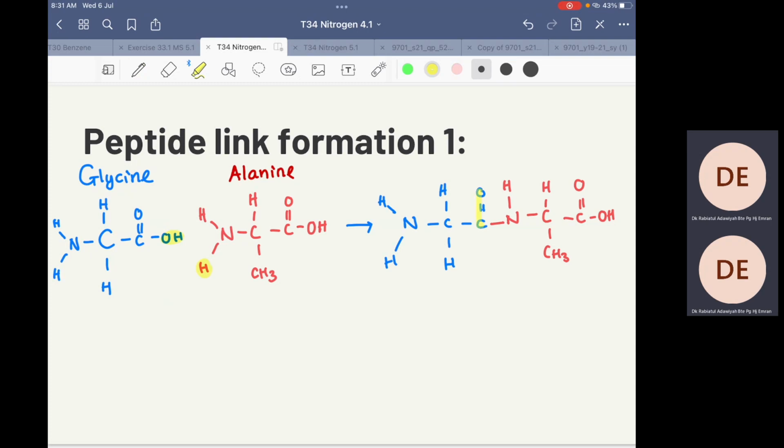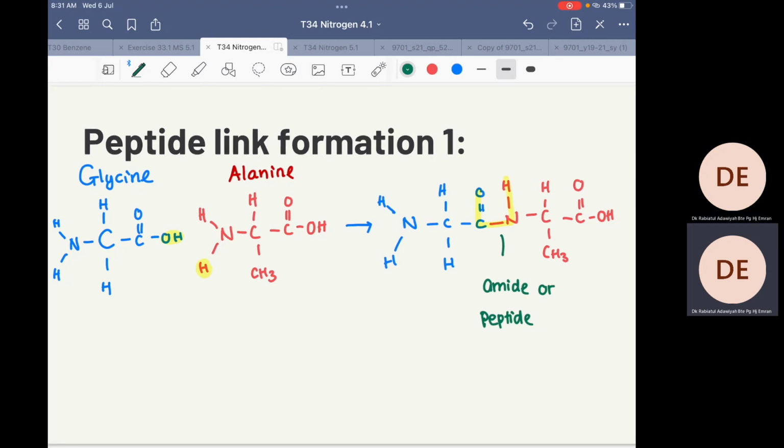Okay, so I will just highlight the peptide bond. That's called an amide or peptide link. We call it peptide link, peptide bond, same thing. That's the first possible combination.